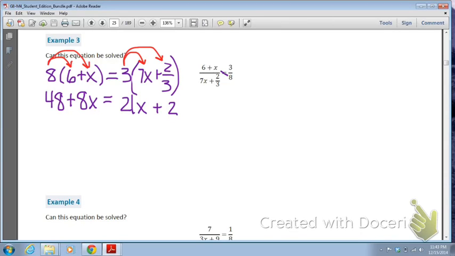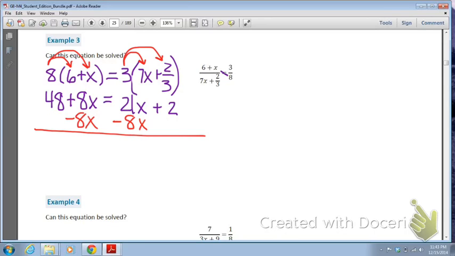And we can start using the properties of equality now to straighten this out. So let's look at that. So I'm going to choose to subtract 8x from both sides of this equation. And the reason I'm doing that is to keep the coefficients positive.